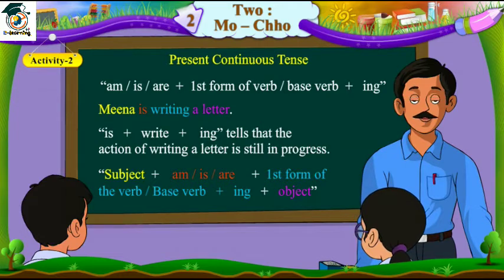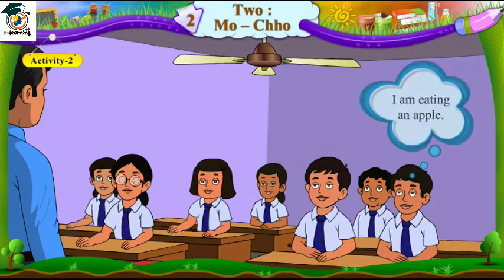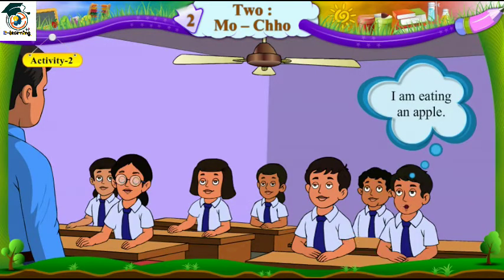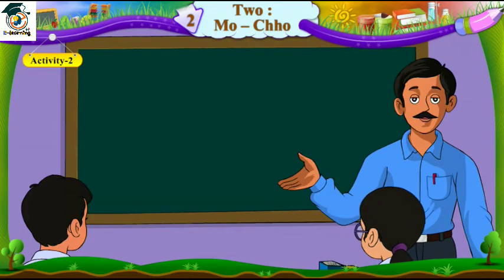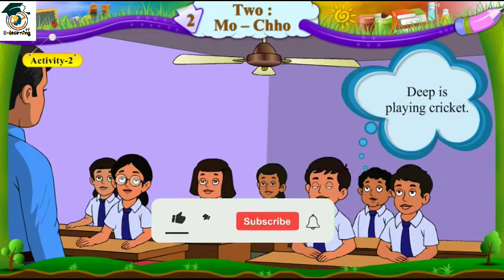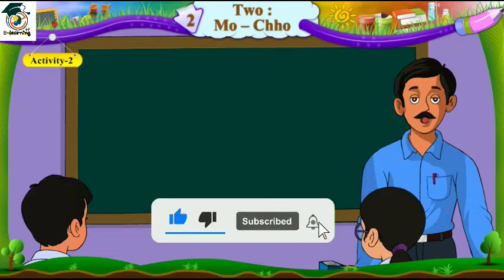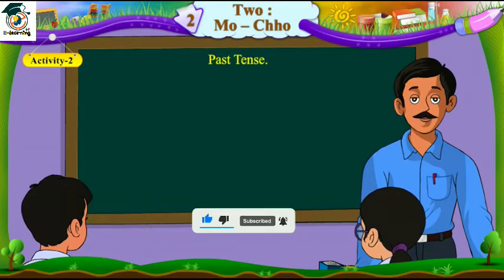Give me some more examples. Vipul, you give an example. I am eating an apple. Very good, Vipul. Sahil, come on, you give an example. Deep is playing cricket.